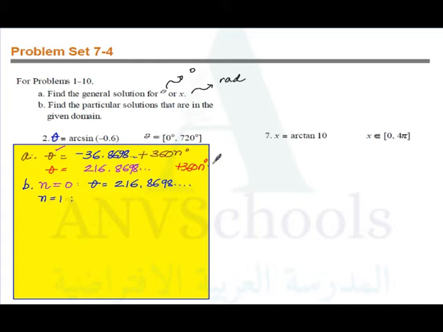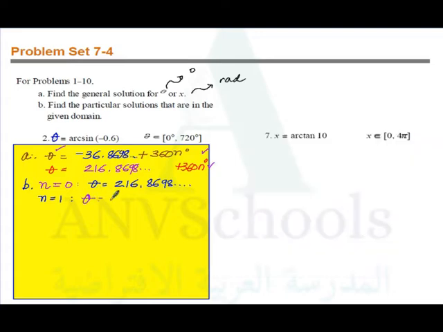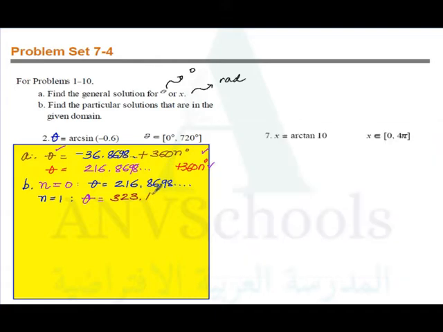So these are the two general forms of the solutions. When n is equal to 1, just add 360 degrees to the first one. That's 323.1301. So you have values of theta which are 323.1301.